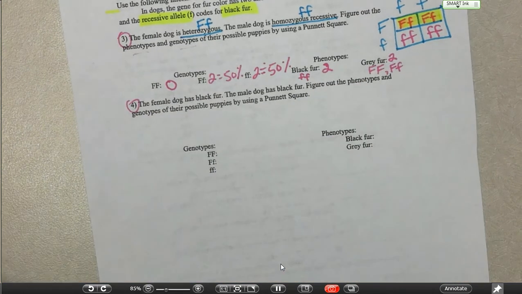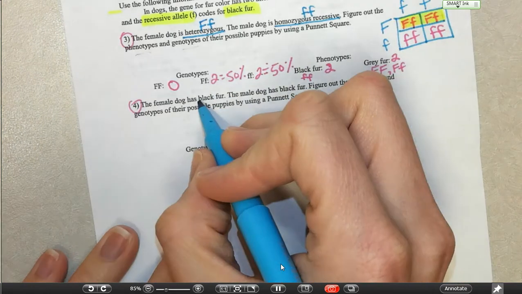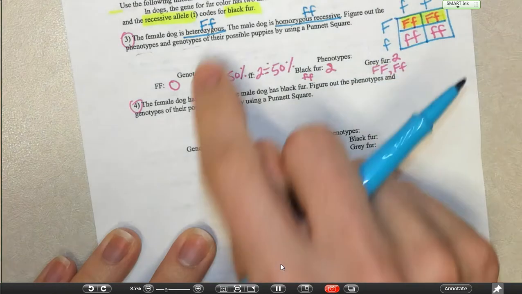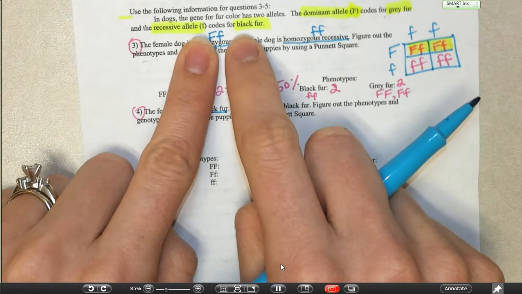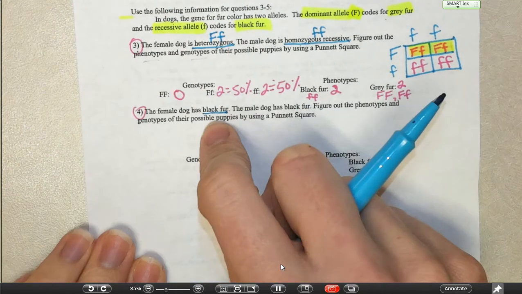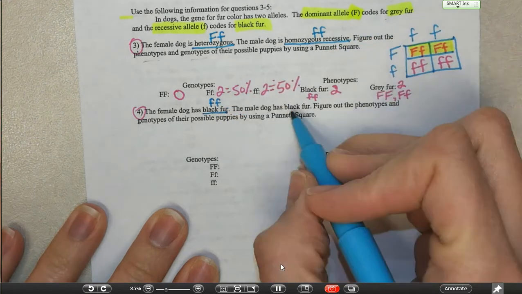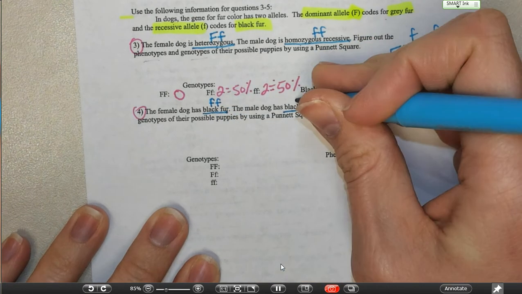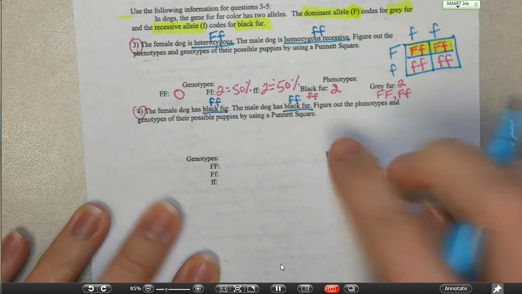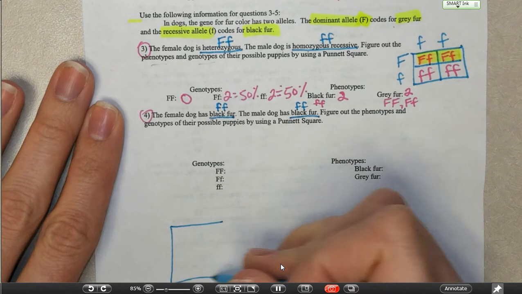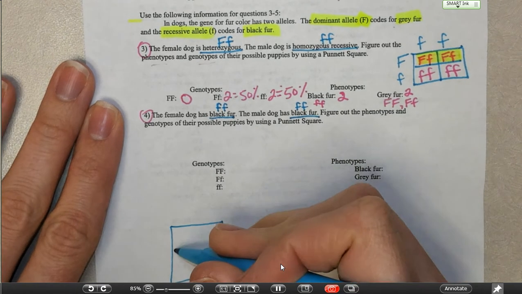The next problem, a female dog has black fur, and we know the only way they can have black fur, it's a recessive allele. So we know that genotype has to be little f, and the male dog has black fur, little f. And again, it asks us to do the Punnett square. This one really is pretty simple.